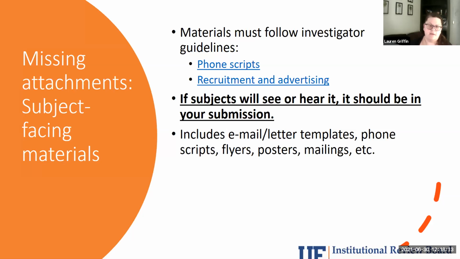The reason we do that is if someone is calling a potential subject and says, we're interested in seeing if you want to participate in a study on fill in the blank, whatever that is may not be something that the subject wants anybody else to hear. So if somebody else picks up the phone, it's good practice to make sure that you're asking whether or not you're talking to the given subject before moving forward. All of that's within the investigator guidelines.